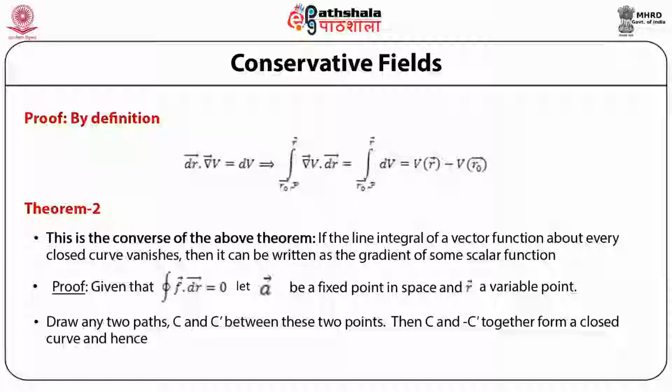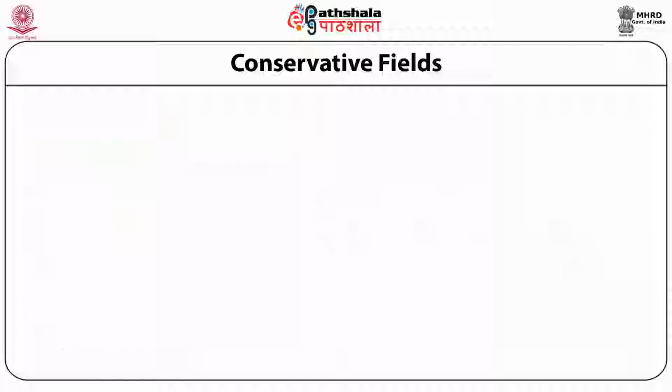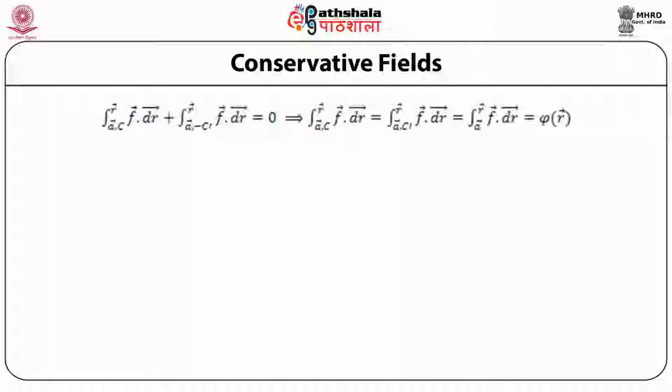Then C and −C′ together form a closed curve, and hence the integral along C from A to r of F·dr plus the integral along −C′ from A to r of F·dr equals 0. This implies that the integral along C from A to r of F·dr equals the integral along C′ from A to r of F·dr, which equals the integral from A to r of F·dr, equal to φ(r).